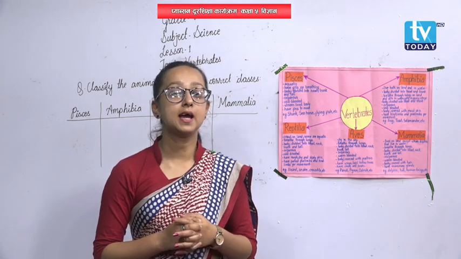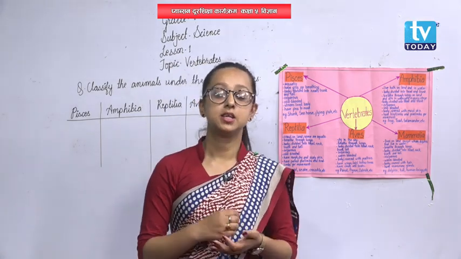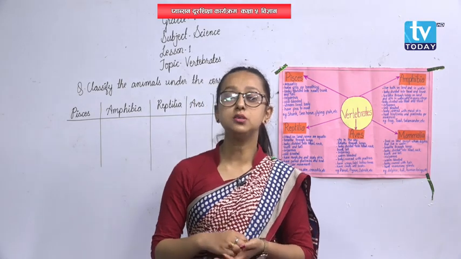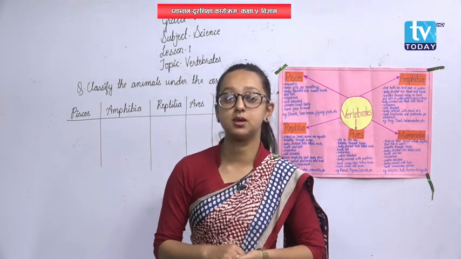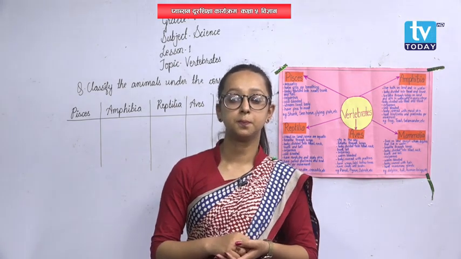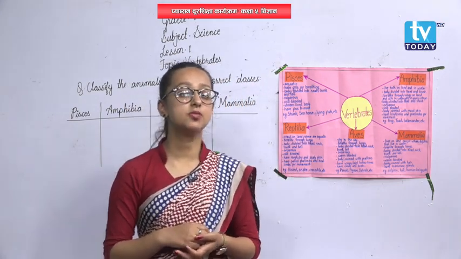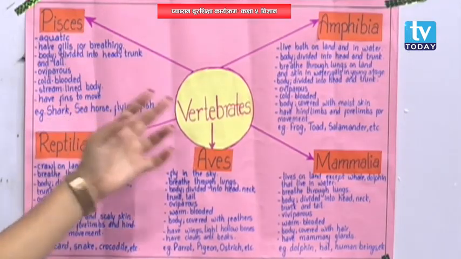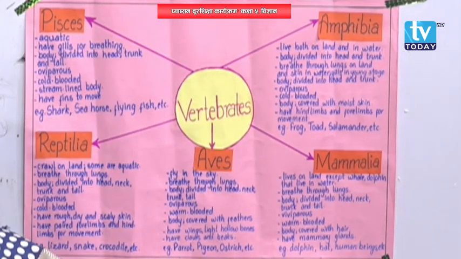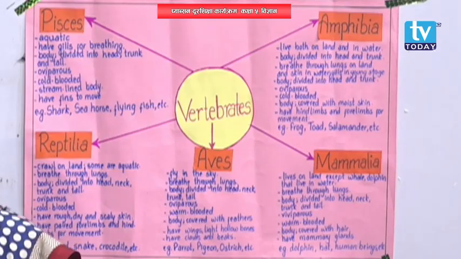So, the animals of this class can change the temperature of their body according to the change in the temperature of the surrounding. Then, what might be the examples? Let's move on to examples like shark, seahorse, flying fish, goldfish, carp is also a kind of fish. So all kinds of fishes are included in the class Pisces.